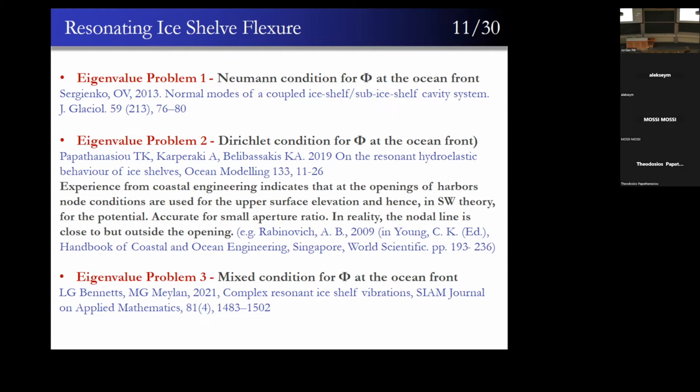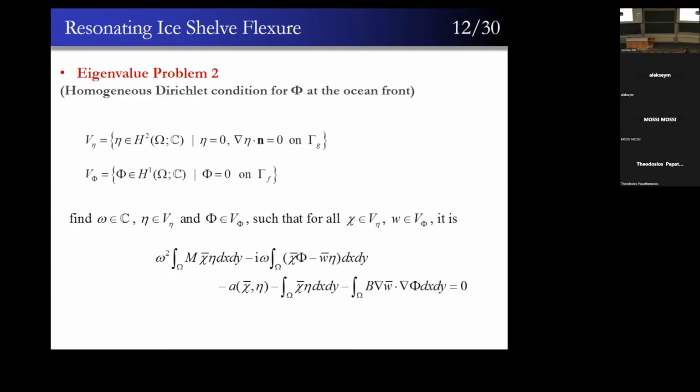This is what is typically used in similar situations in harbor engineering, in coastal engineering, and a recent development by Bennett and Mayland, a mixed condition. This third condition is actually closer to the truth, as I like to say, so this is more accurate, the second being very accurate as well for small aperture ratios.